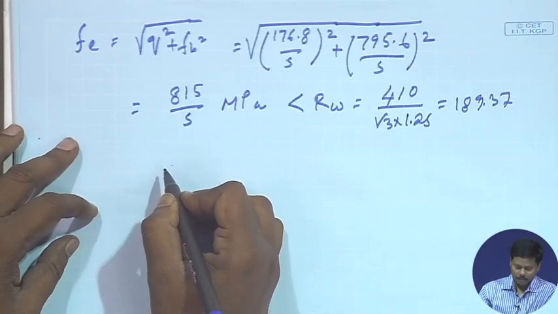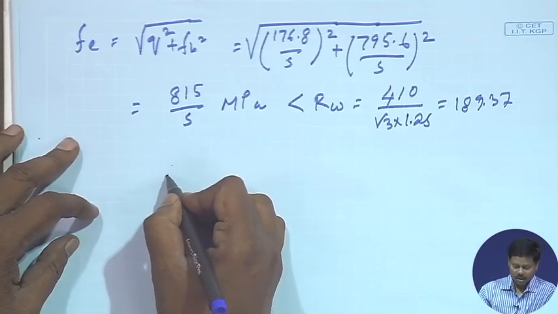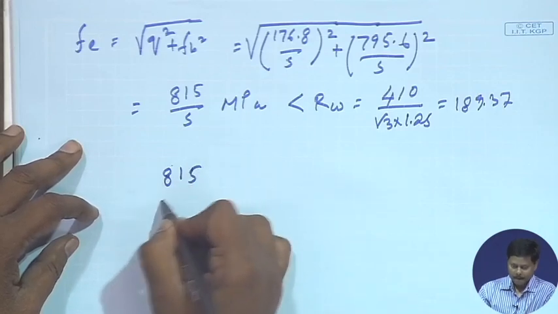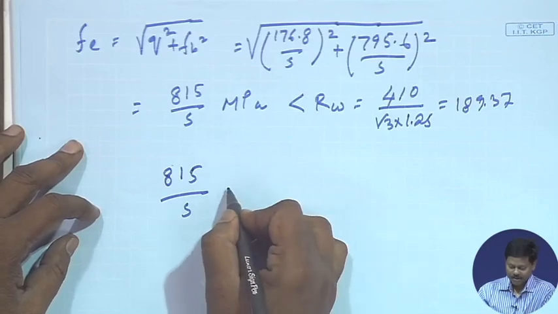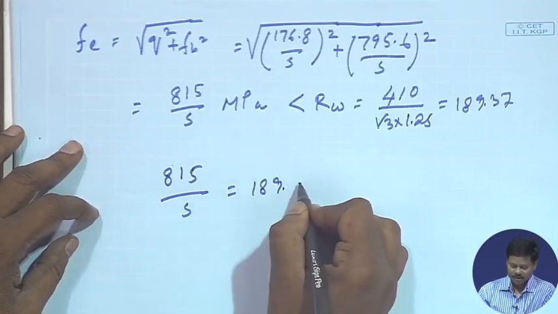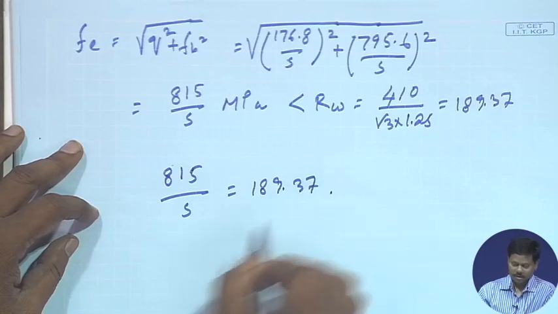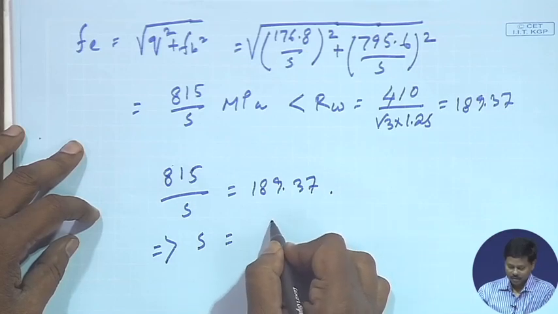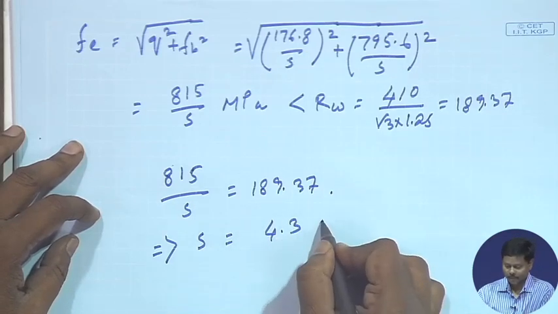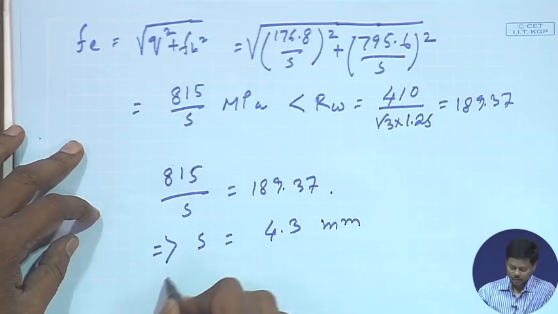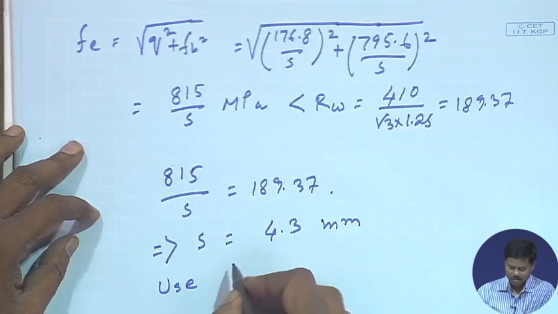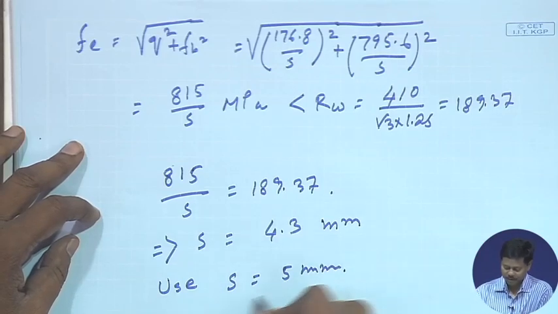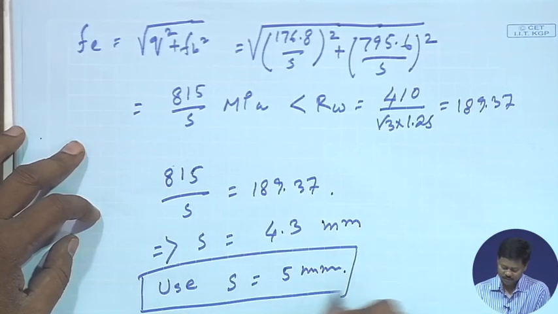So, by calculating 815 by S as 189.37, then we can find out the value of S. S will become 4.3, right. So, we can adopt a weld size of 5 mm, because 4.3 mm we cannot provide. So, use S as 5 mm.